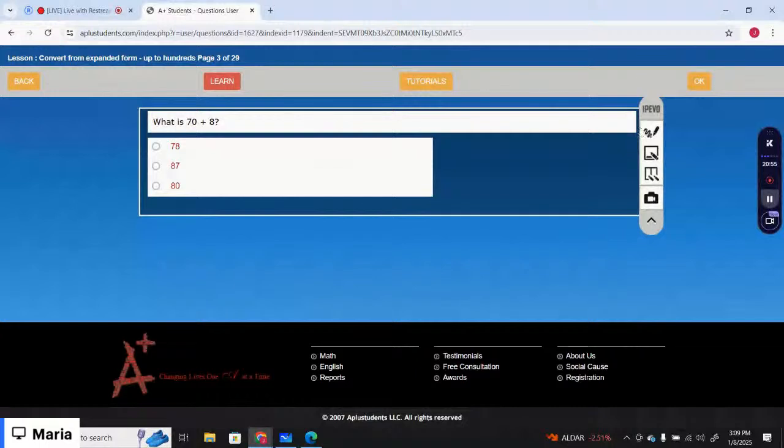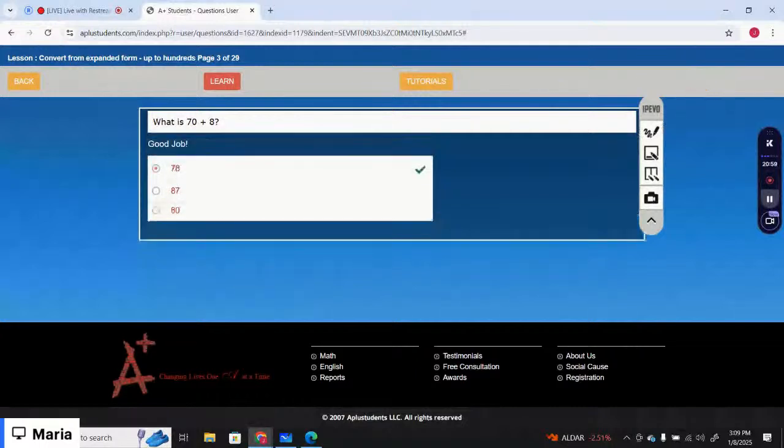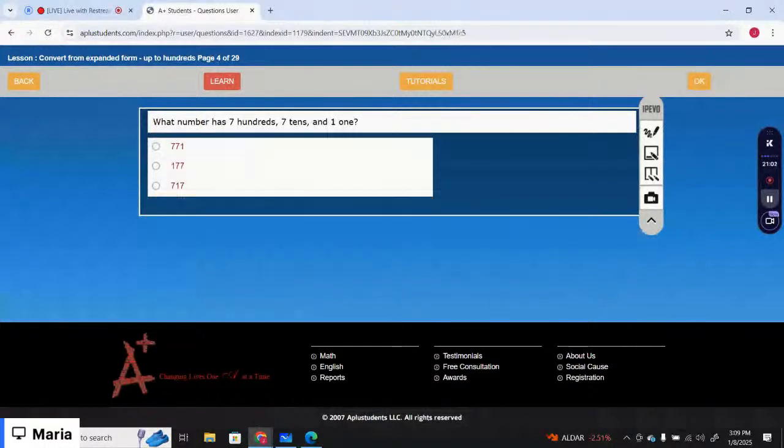That is 78. Option number one is the correct option. No one is answering, why? That isn't too difficult, then why is no one answering?